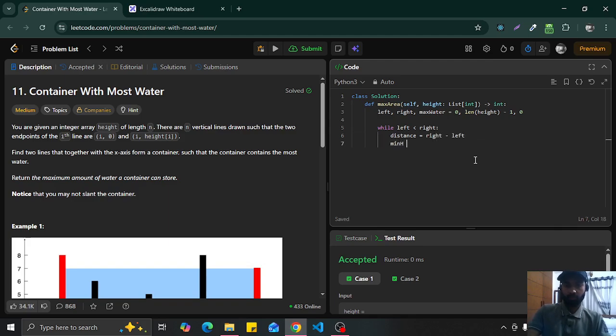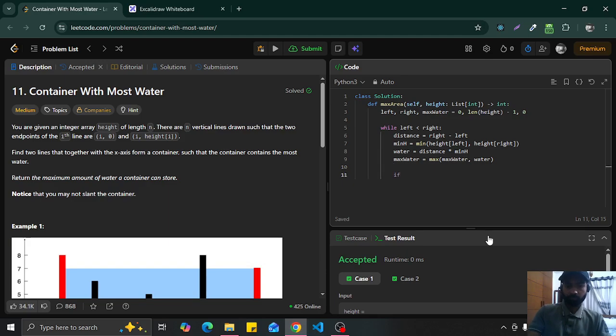So min height is going to be minimum of height of left and height of right. So water count is going to be distance into min height, and max water count is going to get updated. Max water and water.